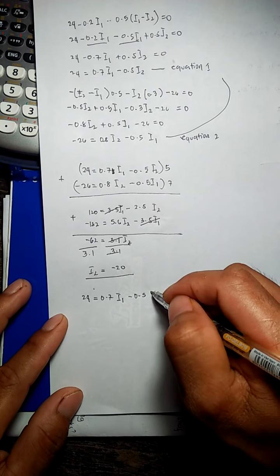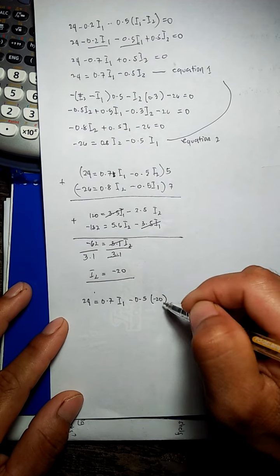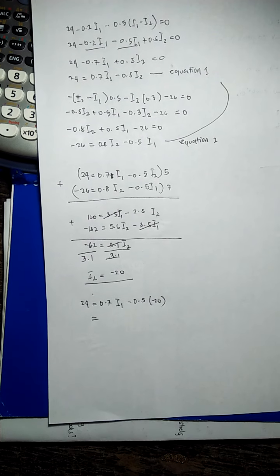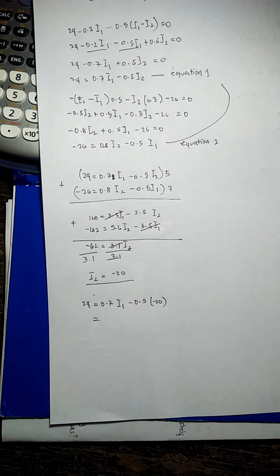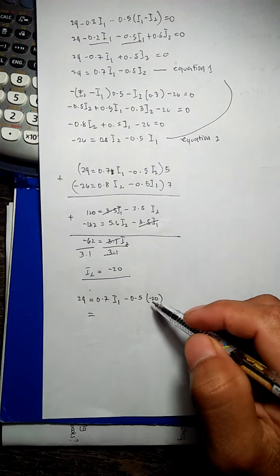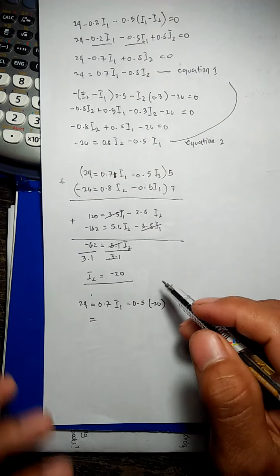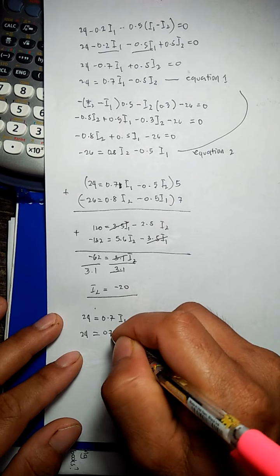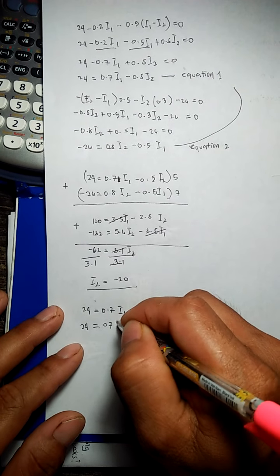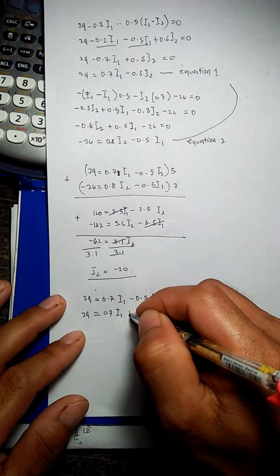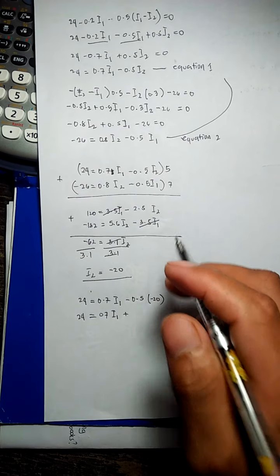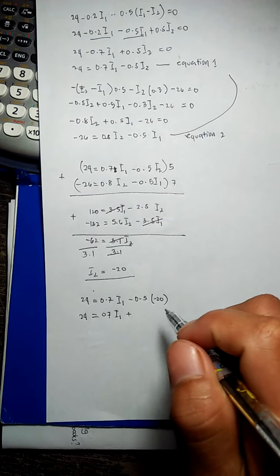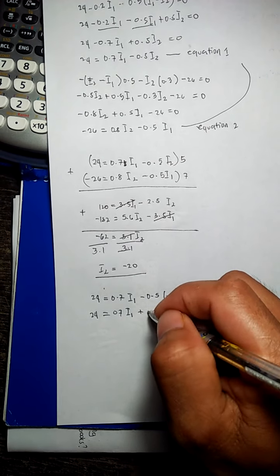Our I2 is negative 20, so substituting I2 equal to negative 20, it becomes 24 is equal to 0.7 I1 plus 10, since 0.5 times negative 20 is positive 10.